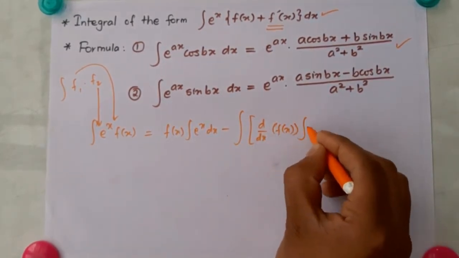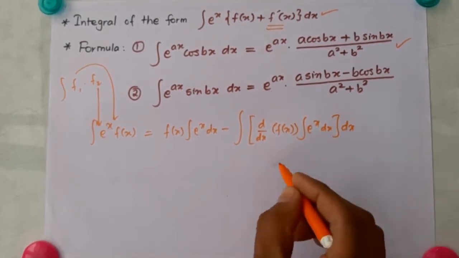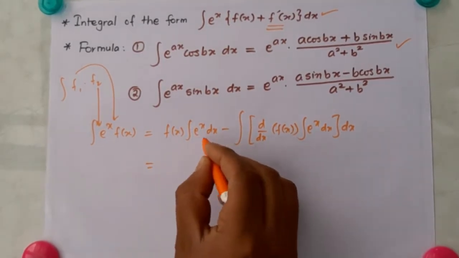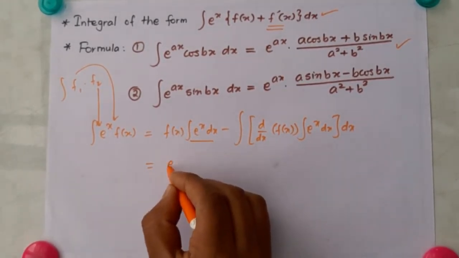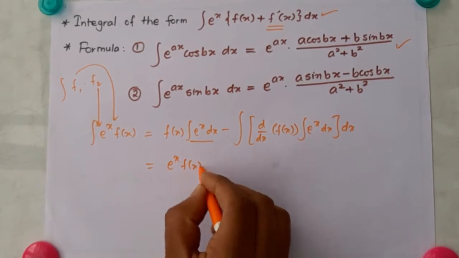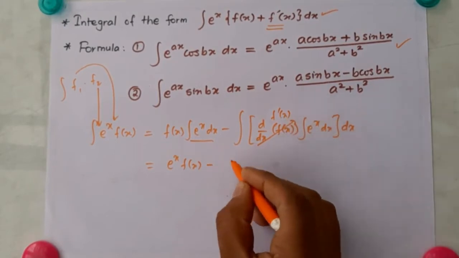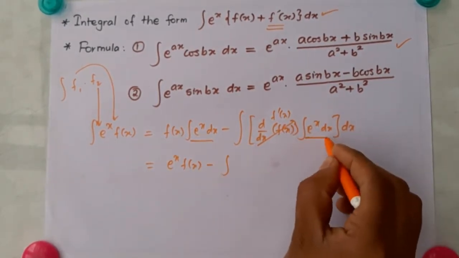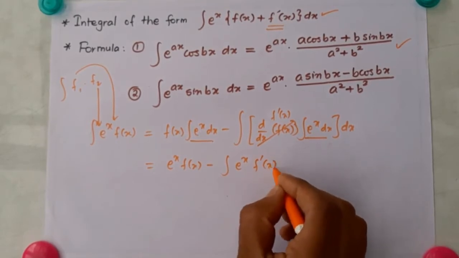Now the integral of e to the power x dx into dx. Now you know how much this is. This is just e to the power x. So this is e to the power x f(x) minus, now how much is this? This is f dash of x. So this becomes e to the power x f dash of x dx.